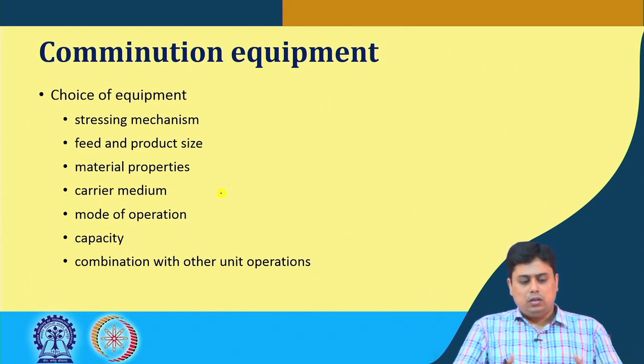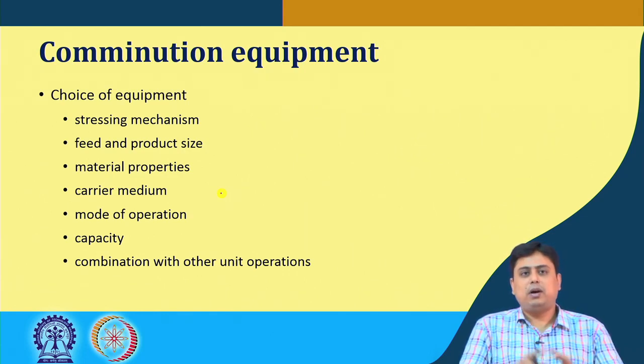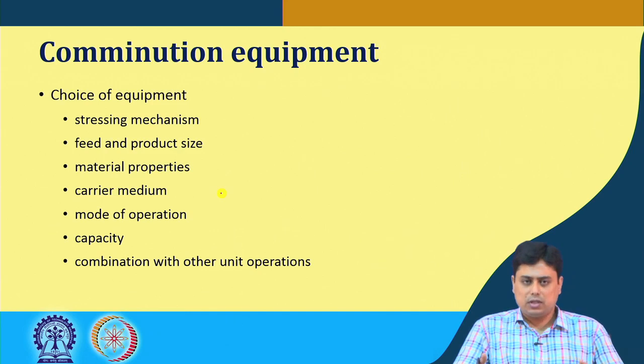Now, this stressing mechanism, we are stressing again and again on this particular point, because broadly the equipment works on one such stress or a combination of such stresses that can be applied.